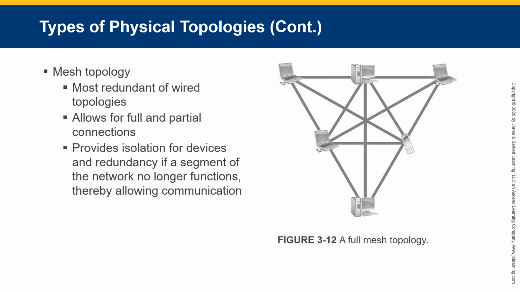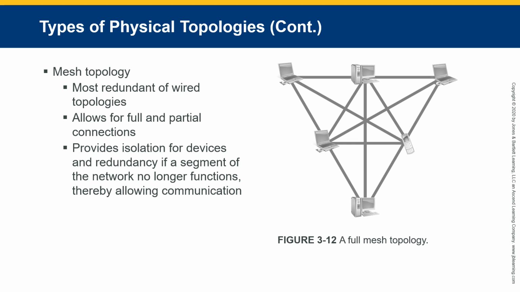All right, so mesh redundancy is another type. You don't really see this as much, but in the way it's depicted here, the devices are connected to each other directly.